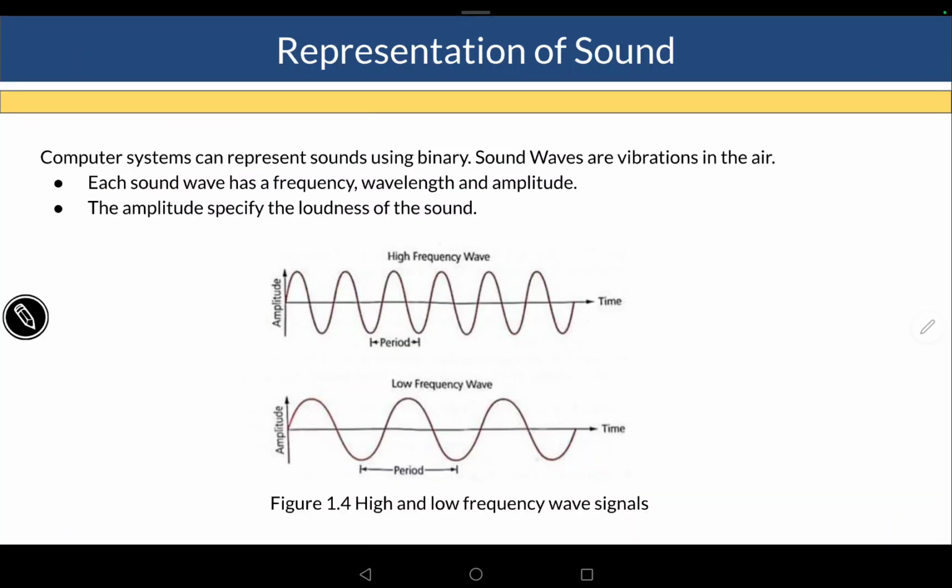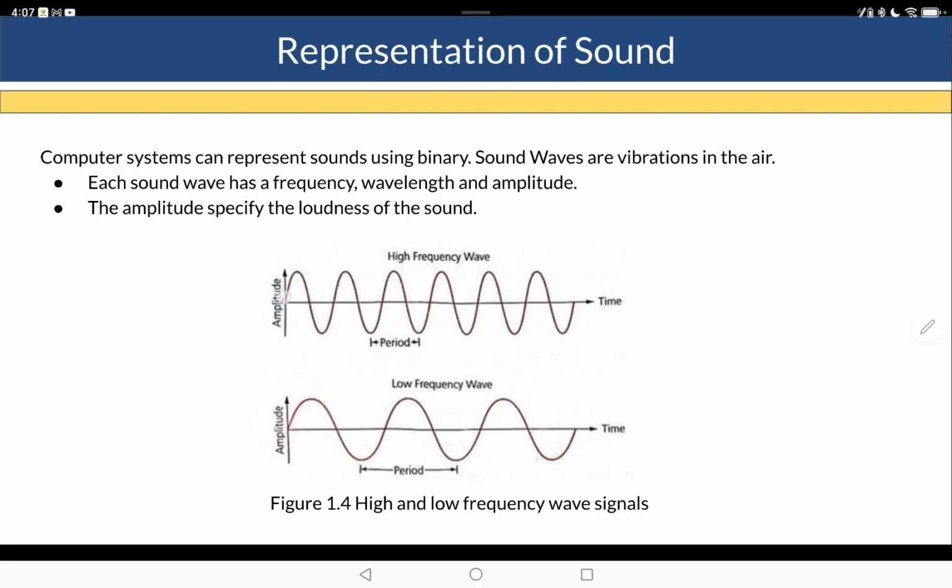Now let's look at representation of sound. The same way we can store text in the computer system, we can also represent sound in the computer system using binary. Sound travels as a wave in the air. So when a sound is produced, it goes in the form of waves. And these waves vary in height.